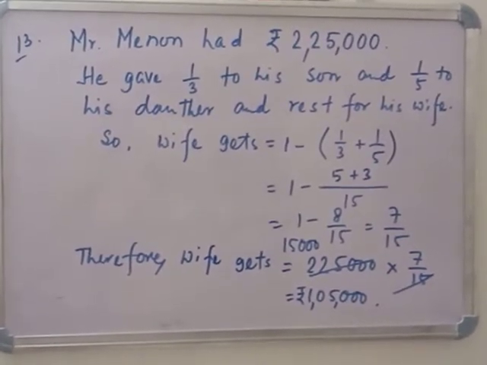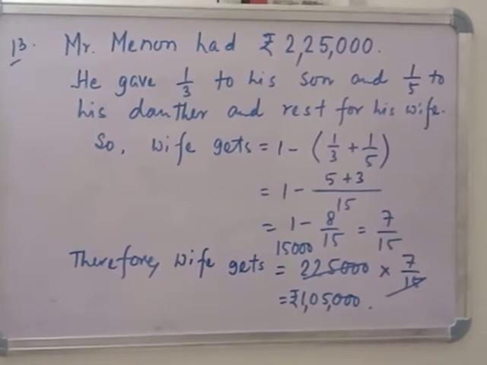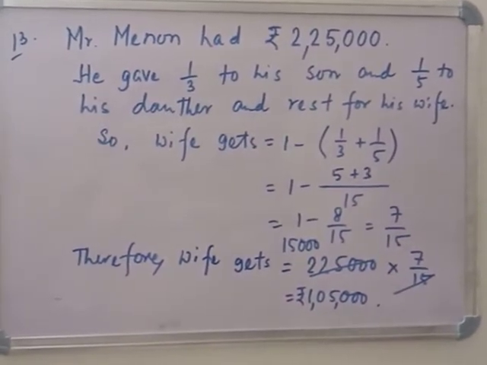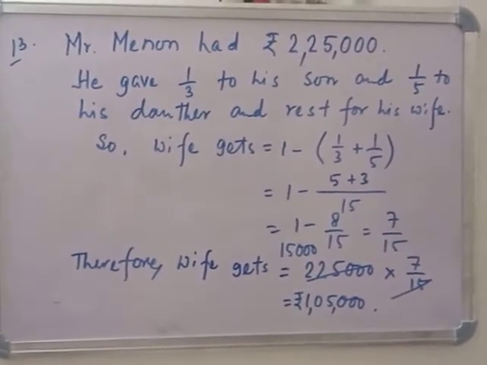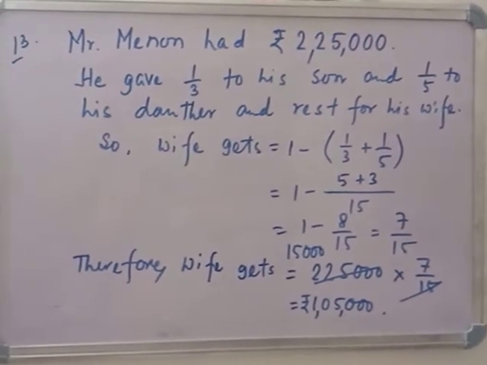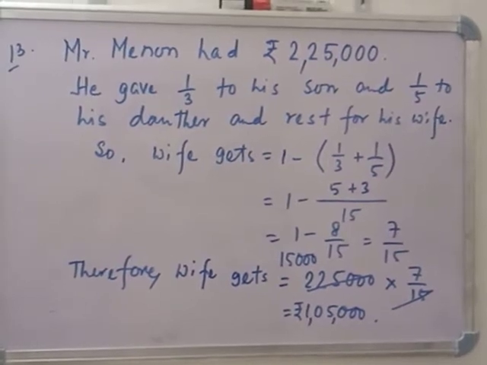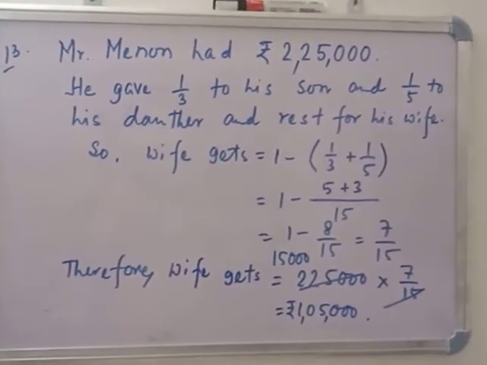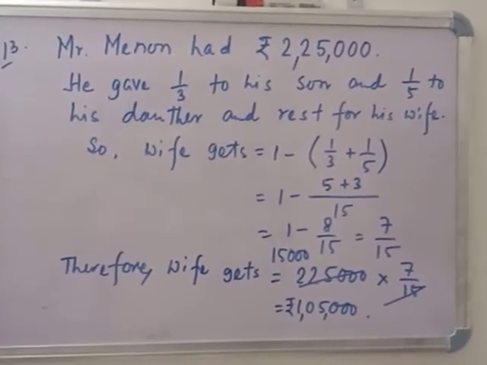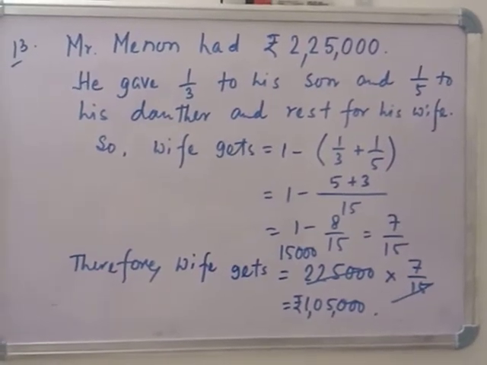After calculation we get 7 by 15. So the wife gets total money into 7 by 15, that is 225,000 into 7 by 15, that is 1,05,000 rupees. Okay, see that.